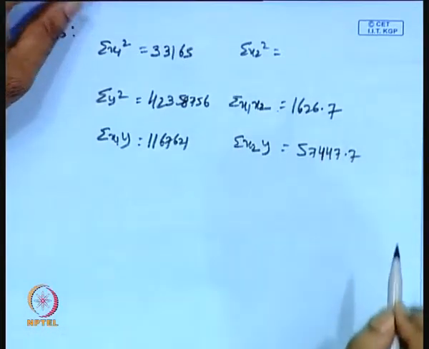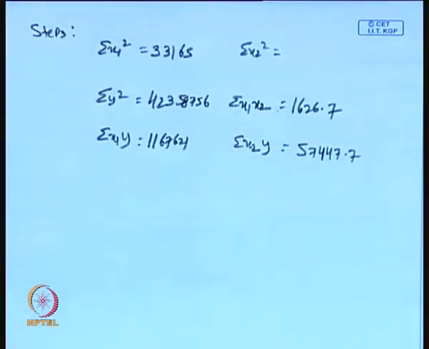So, these are the items we have to obtain in deviation format. The moment you get them in deviation format, your steps are very smooth, and we can proceed very quickly.